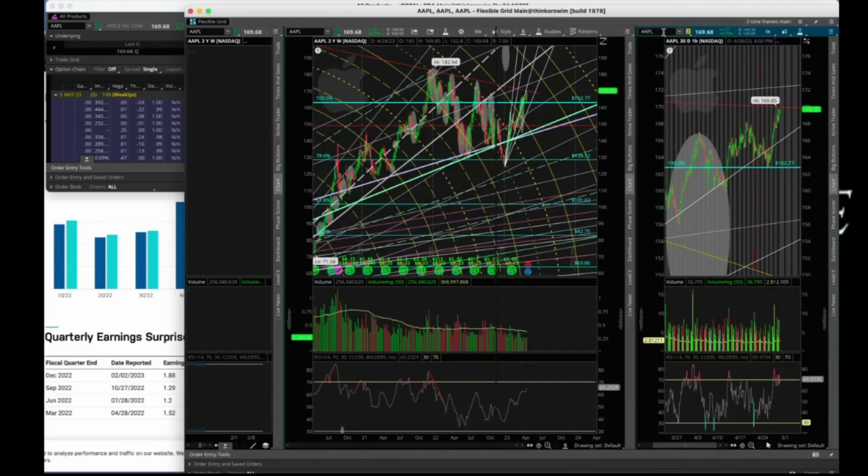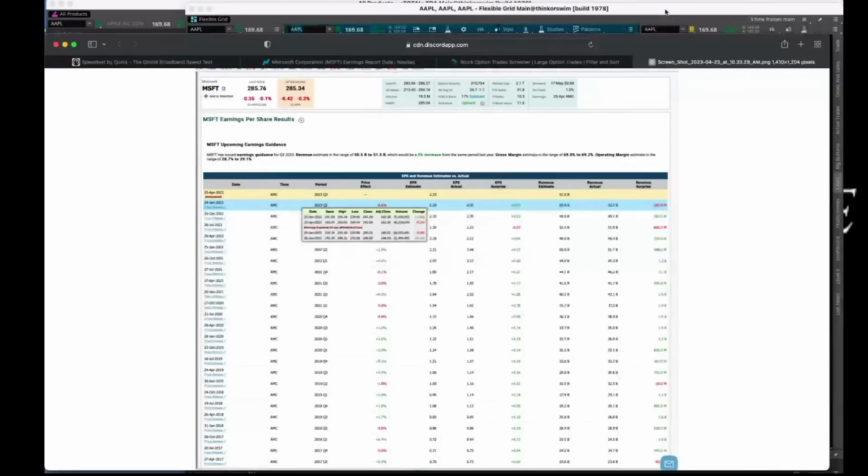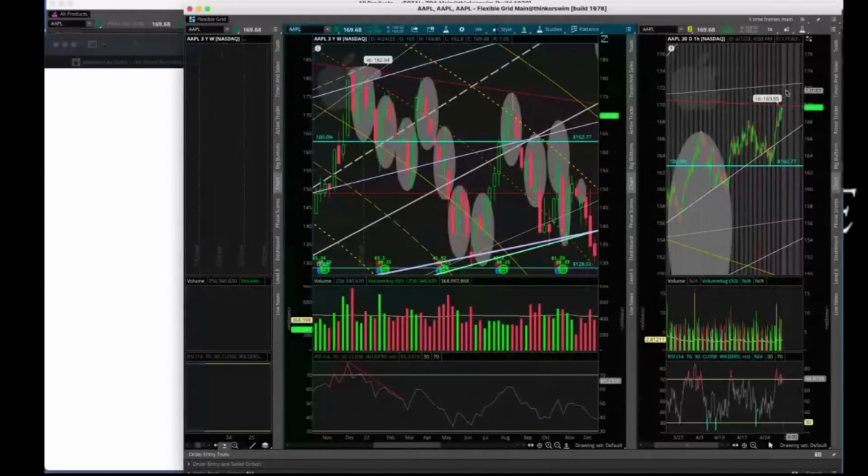So what about 7 points to the upside? 7 points up from this major volume area, like 168 or so, brings us to what, 175? It's going to chop. I think it's going to go up to maybe 172, 173 if we hit a high. It's possible for this week, right?